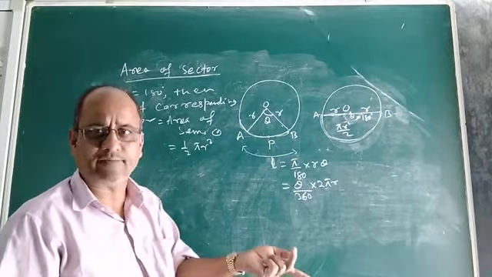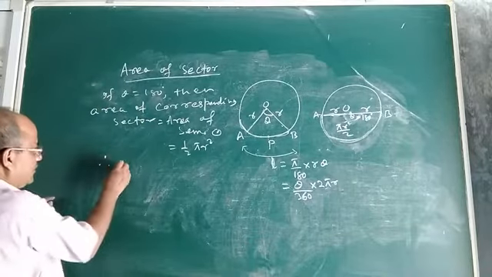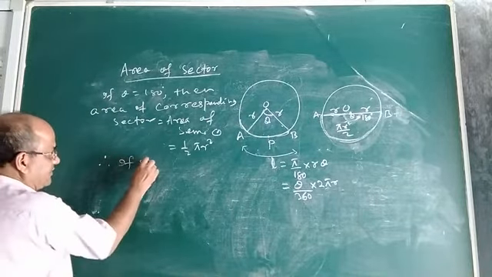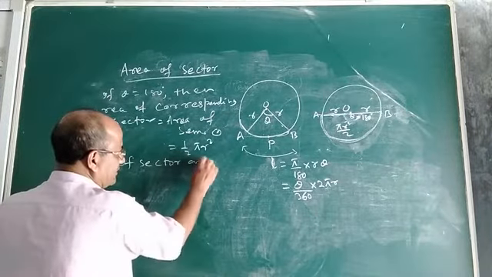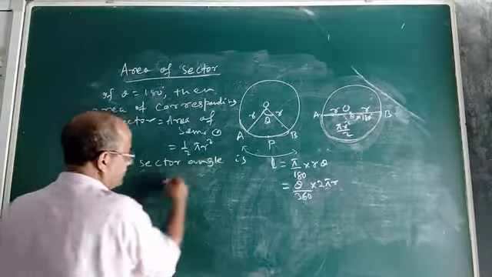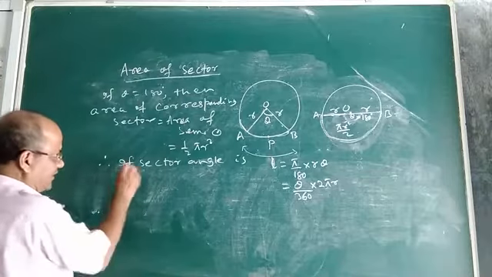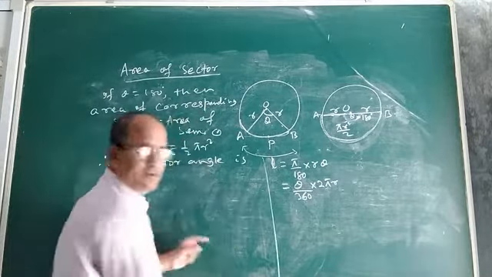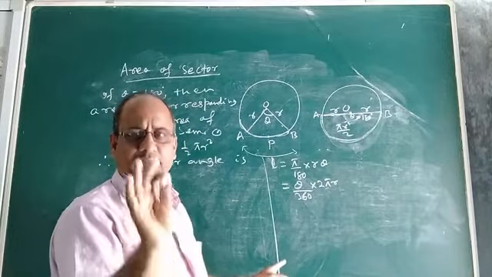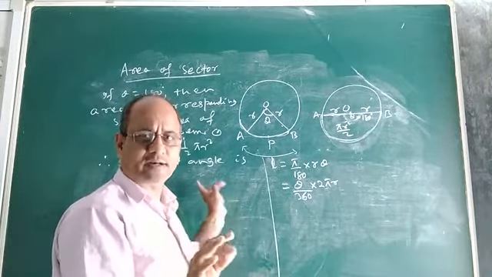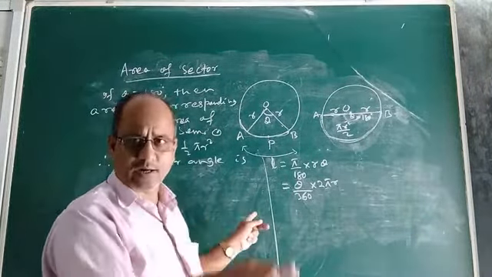So follow the unitary method. If the sector angle is theta, whatever the value of theta may be, not equal to 180 degrees.